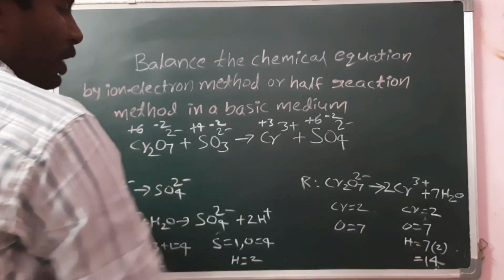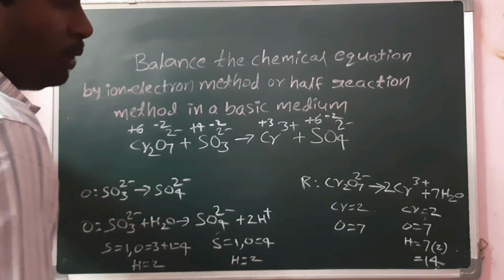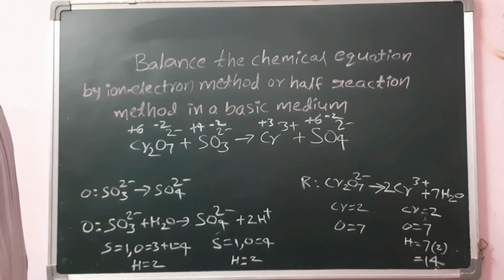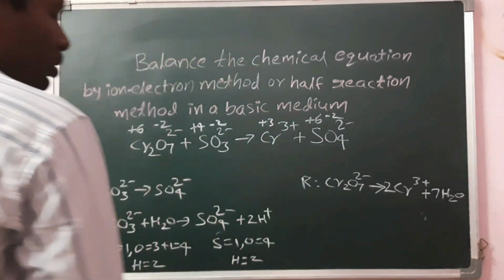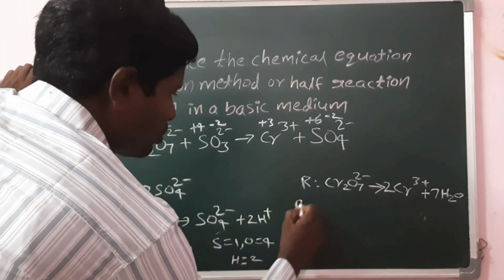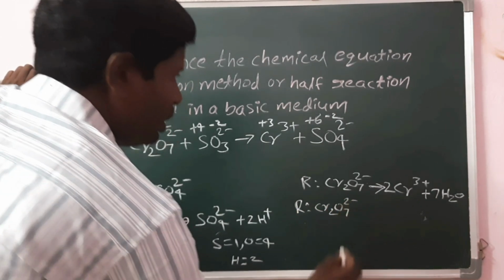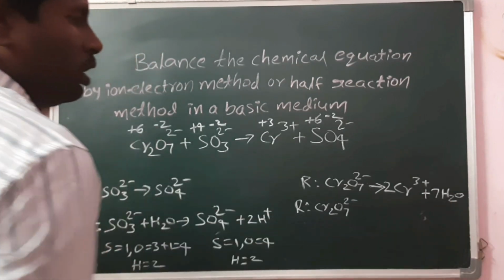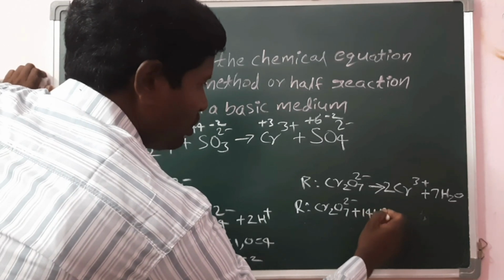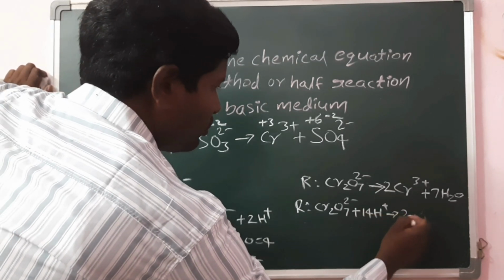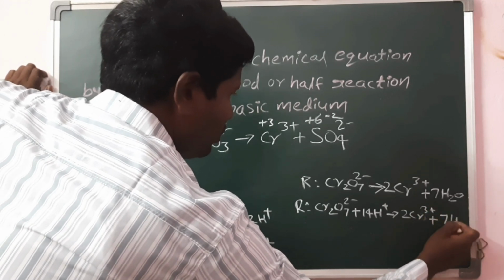So the oxygen atoms are balanced. Now we can balance the hydrogen atoms. To do this, we can produce H plus ions. Then Cr2O7 2-, here 14 hydrogen atoms, so we can produce 14 H plus ions. This gives us 2Cr3+ plus 7 H2O.